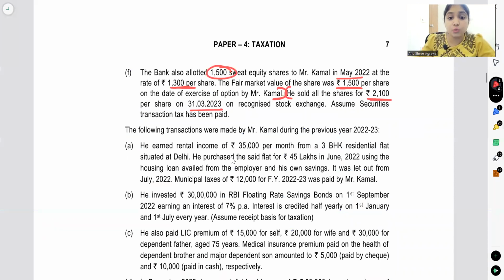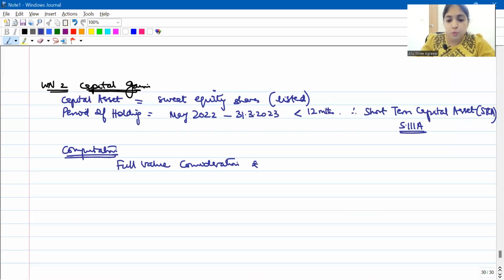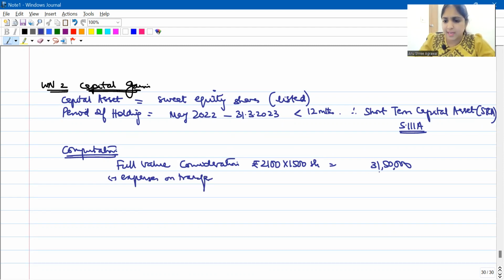We're selling the shares at 2,100 per share. So we have 2,100 per share into 1,500 shares. What is our full value consideration? It's going to be 31,50,000. From this, we subtract expenses on transfer. We don't have any expenses on transfer, we just read. So 31,50,000. This is going to be our net consideration.